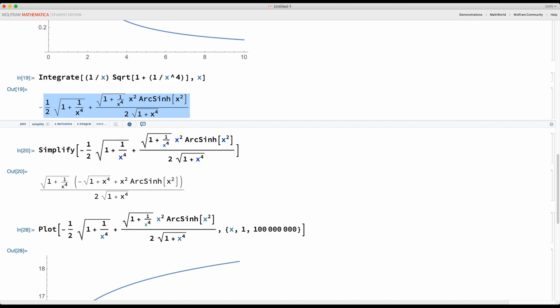Now, this example is famous, this 1 over x example. Does anybody happen to know what it's called? It's called Gabriel's horn.